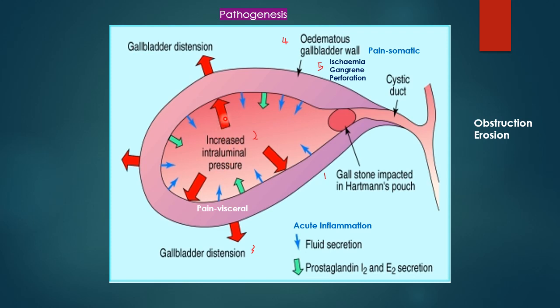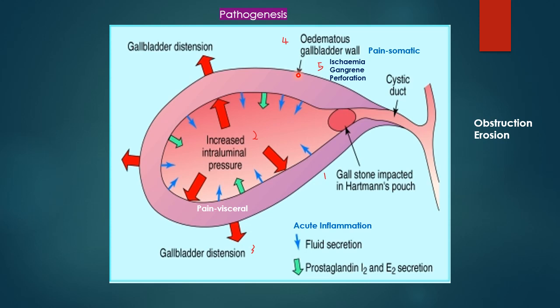Following this increased pressure, the gallbladder distends, and this distension causes some degree of edema and vascular compromise, or ischemia, of the wall of the gallbladder. So the gallbladder becomes distended and later becomes edematous.